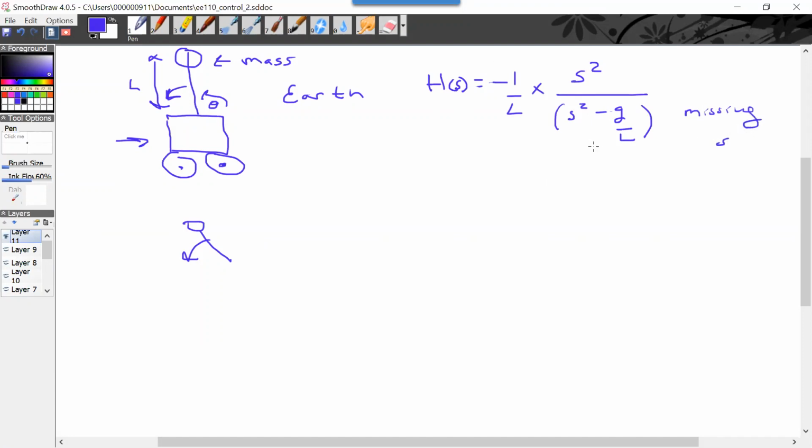All right. So let's put it into our control equation, our control systems equation. So I'm just going to put minus 1 over L.